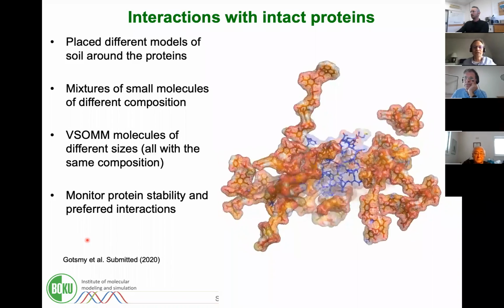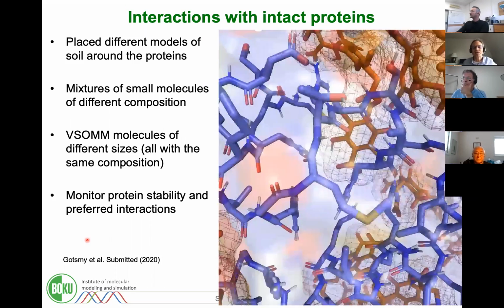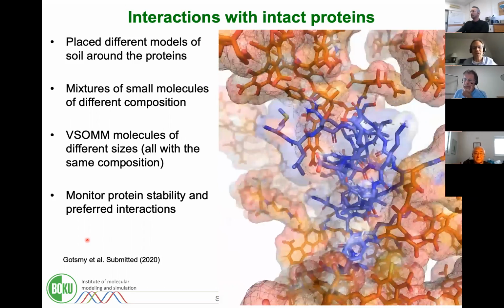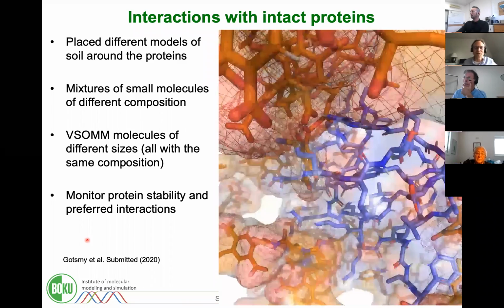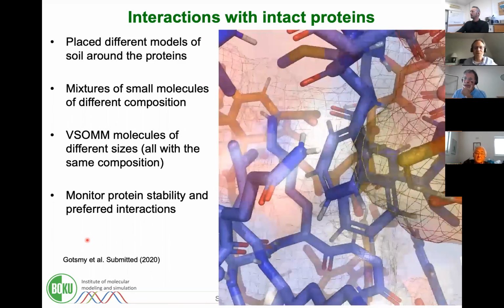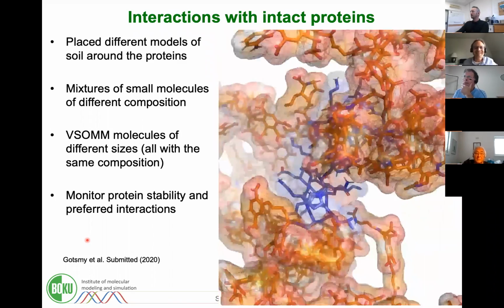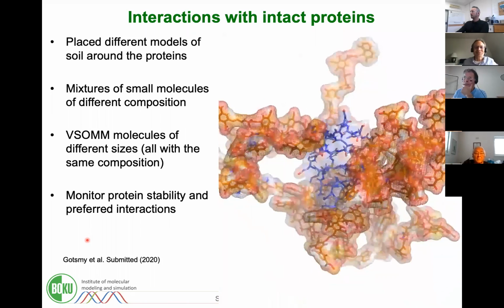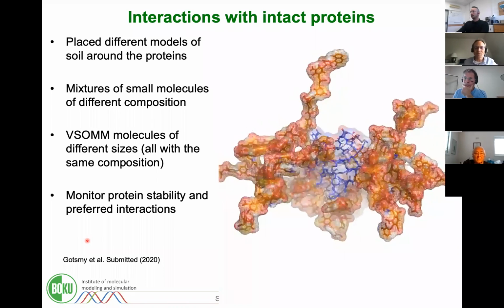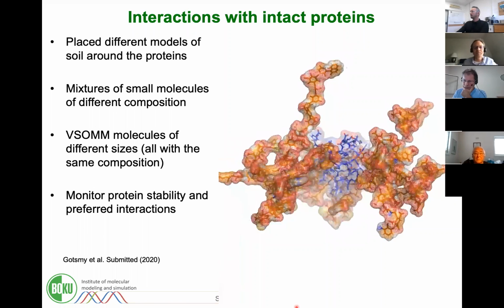So where do these organic matter molecules actually interact with the protein, and how? The person who made this movie for me had no clue what he was looking at, so this is just some random orientations. Anyway, we can see that at the end, the protein is much more covered by the organic matter molecules.